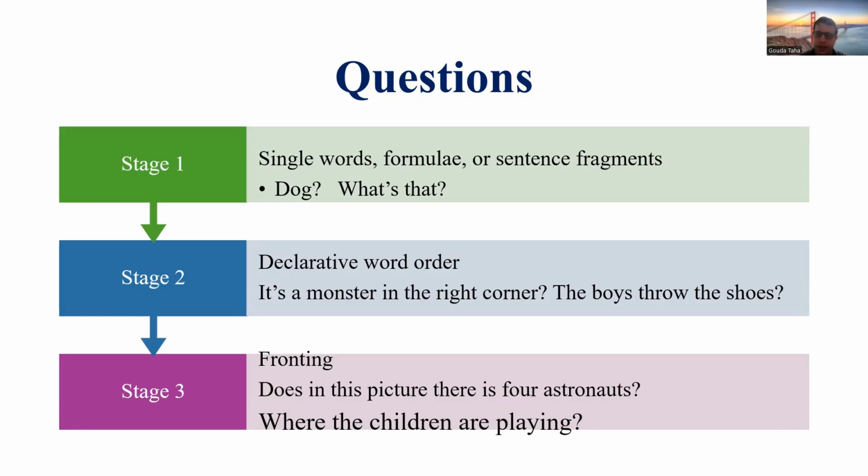In the second stage, we start to see some declarative word order without having the interrogative form of the question. So you might have rising intonation at the end, like "it's a monster in the right corner," just like if you're asking a yes/no question with rising intonation.